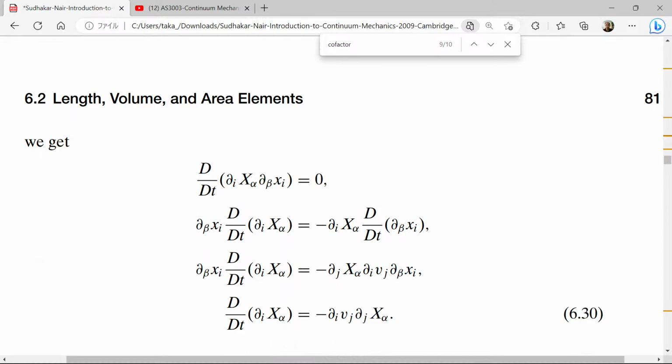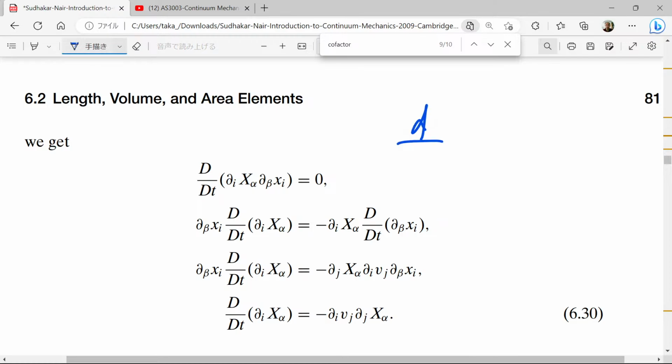So we now take the derivative of this. I think you know this derivative, d/dt. I'm not particularly sure why they use large D here. I don't know the difference between this and this.